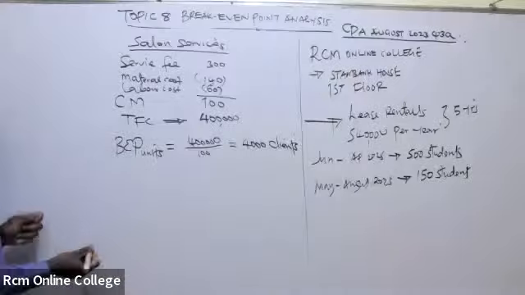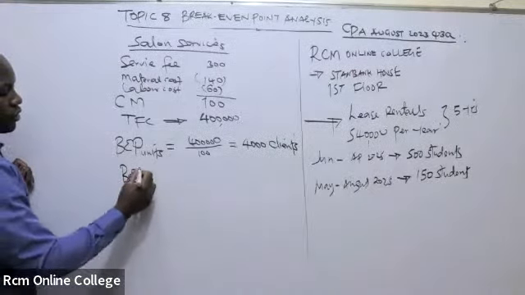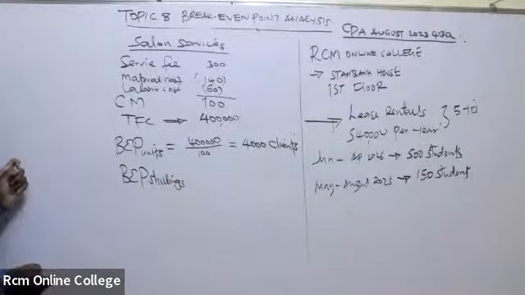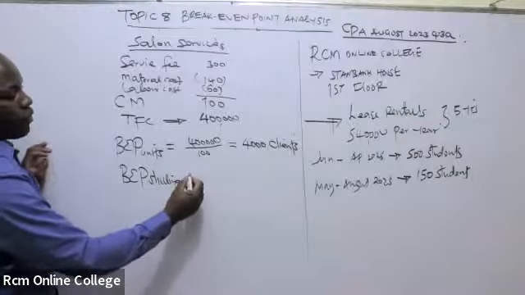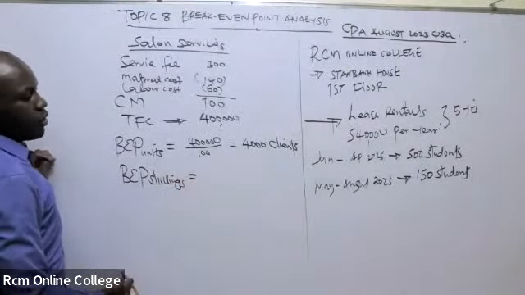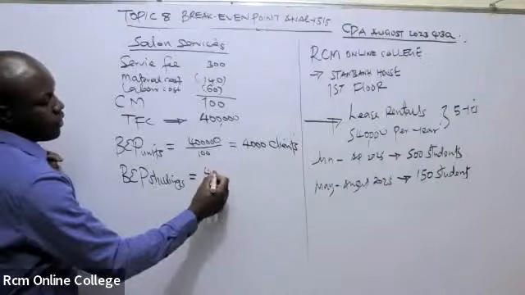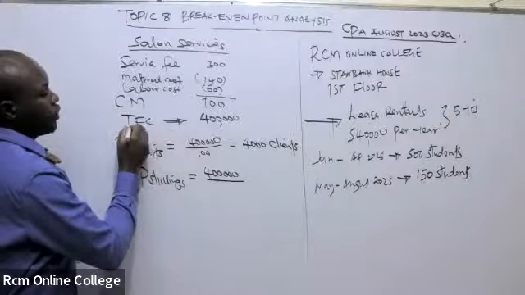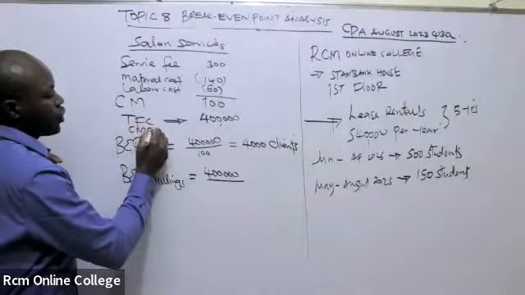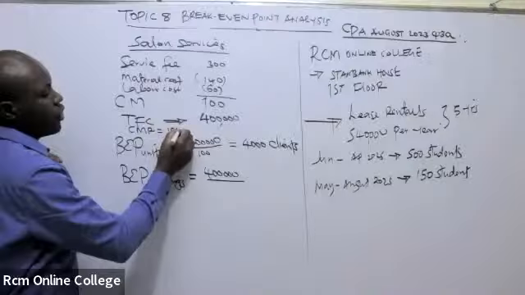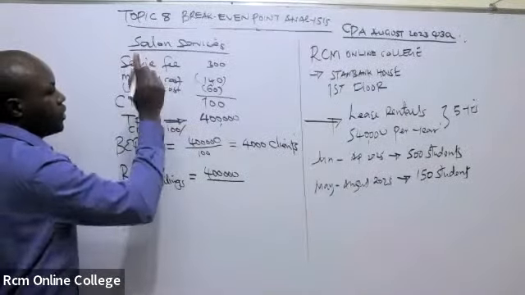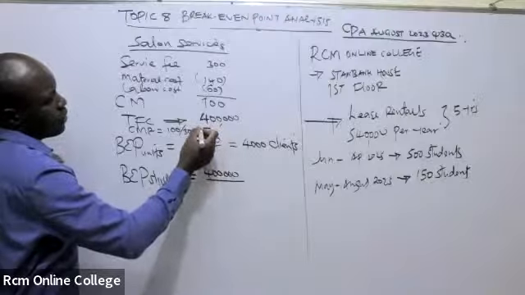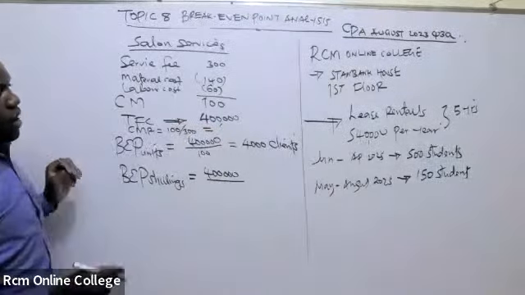Good. How about if we are to get it in shillings? It will be total fixed cost, 400,000, divided by contribution margin ratio, right? So contribution margin ratio is equal to contribution margin divided by selling price per unit. That will give us 100 divided by 300.